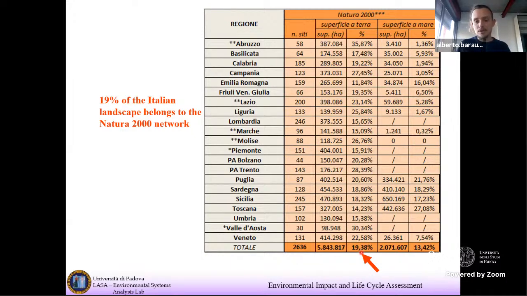It is a lot because you will also remember that I told you that the appropriate assessment procedure does not apply just to plans or projects carried out within Natura 2000 sites, but also to plans or projects that are outside a Natura 2000 site, but can have a significant effect on the site. So that's really a lot.